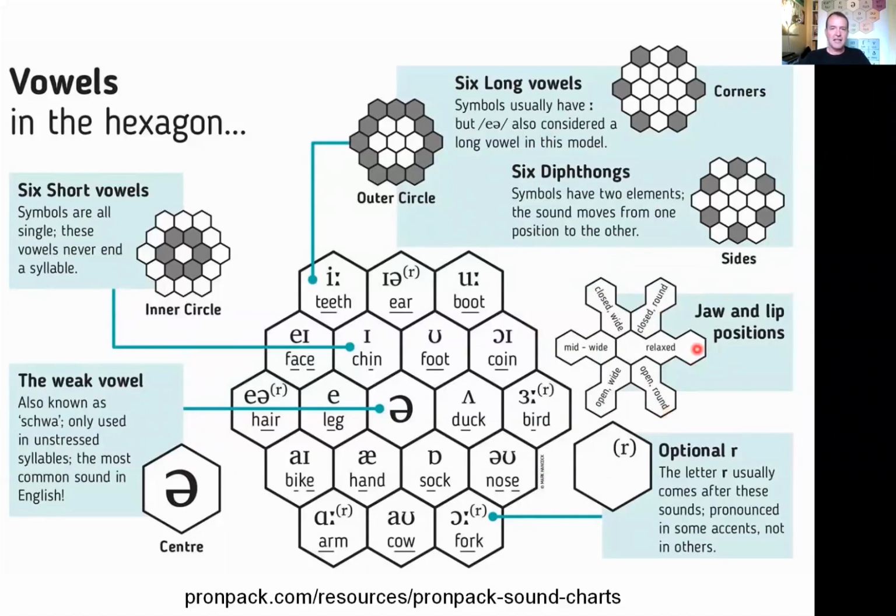Right in the center is the schwa, which is a vowel which is reduced in an unstressed syllable. This sound is different in kind. It's not really comparable with the other ones. And I think it's worth not dealing with it in the same lesson.